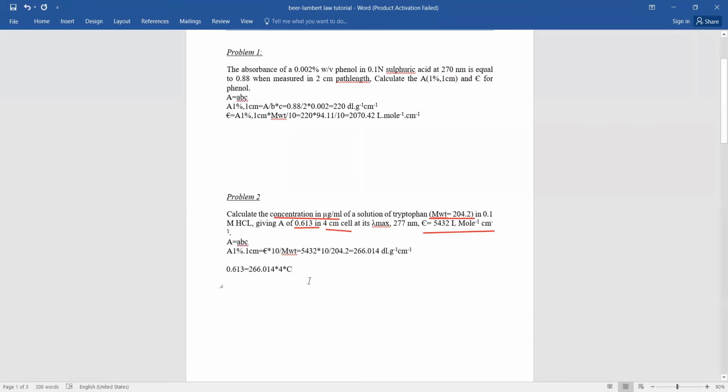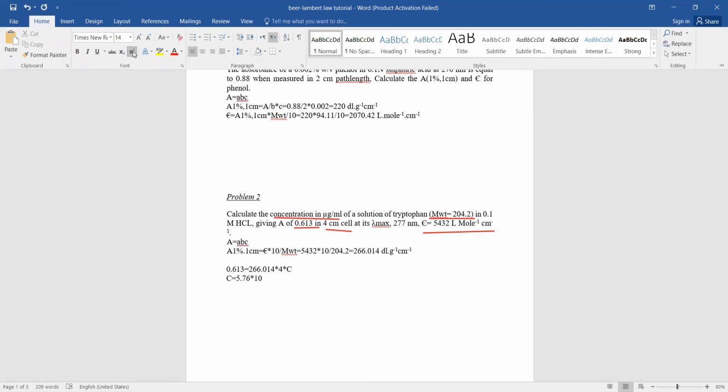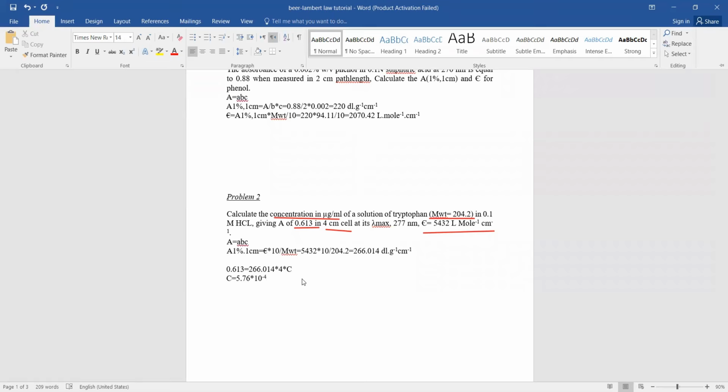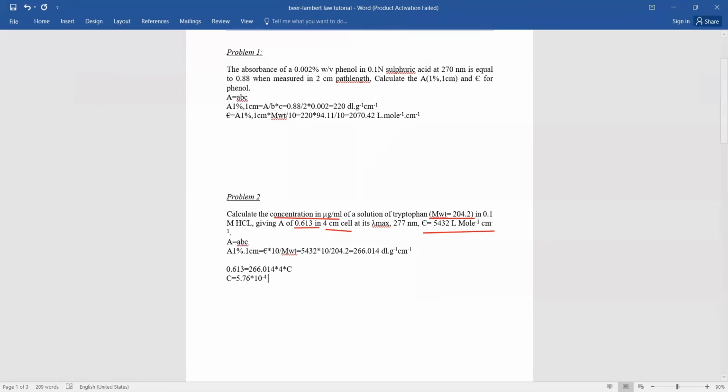Okay, and here we will have the concentration in gram percent, since we got the A1% 1 centimeter. Okay, so the concentration will be equal to 5.76 times 10 to the power negative 4. And what is the unit for the concentration? The unit for the concentration is gram percent, or percent weight per volume, or gram per 100 milliliters.